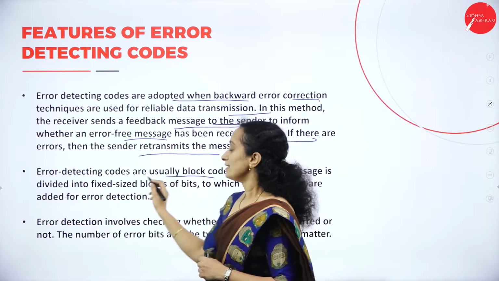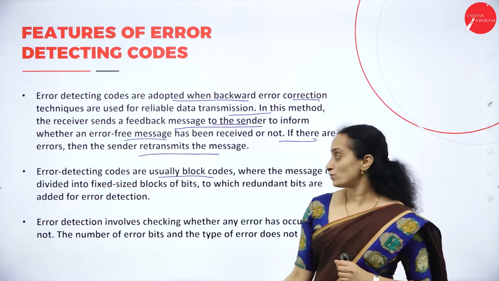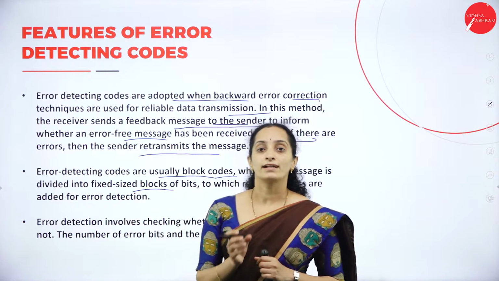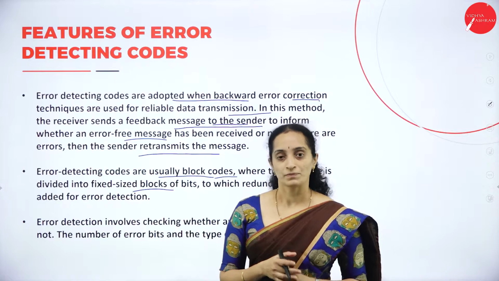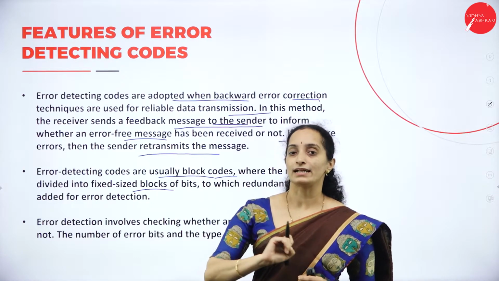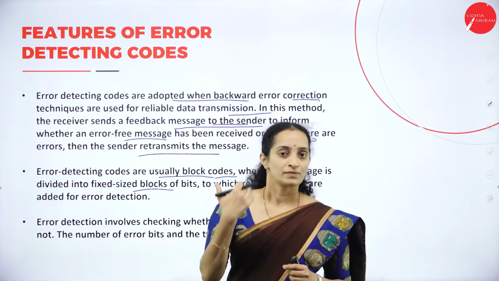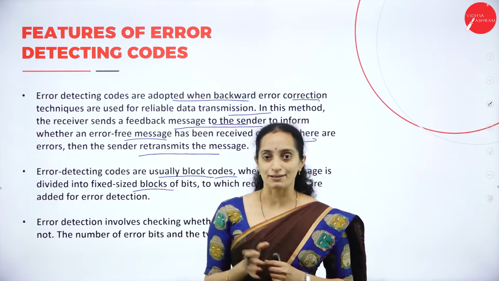These error detecting codes are usually block codes, where the messages are divided into fixed blocks. In a network, you cannot send the data as it is. If you have one file or a document, it will not be sent as a single file.